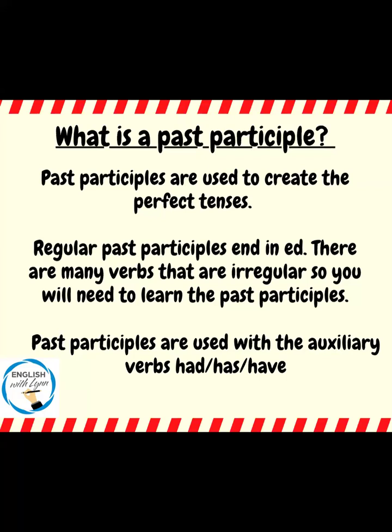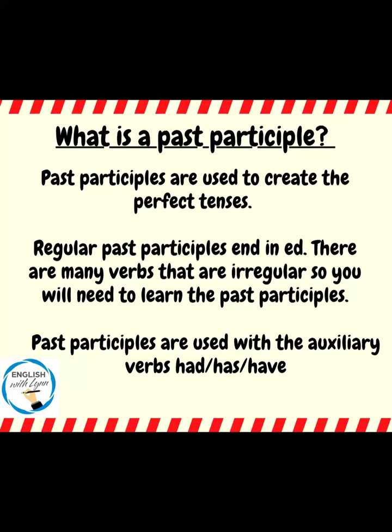So played is a past tense verb, but it is also a past participle. Cooked is a past tense verb. It is also a past participle. But if we come to something like eat, the past participle isn't eated. So you would have eat is your base verb, ate is your past tense verb, eaten is your past participle.